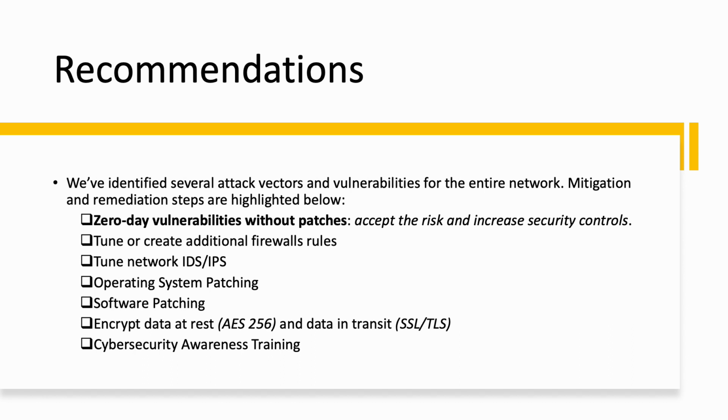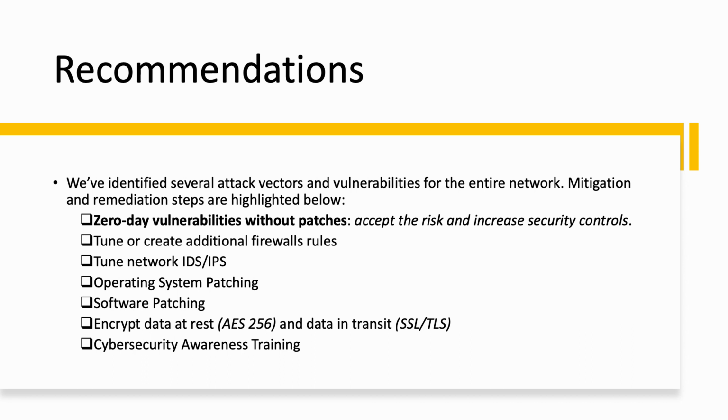The mitigation and remediation steps we must follow: first, for any zero-day vulnerabilities without patches, if we go back to the vulnerability assessment matrix, in the emerging risk category, those are the zero-day vulnerabilities. There is one that we don't have a patch for. We have to accept that risk, increase the security controls, and wait until the vendor releases a patch for it.